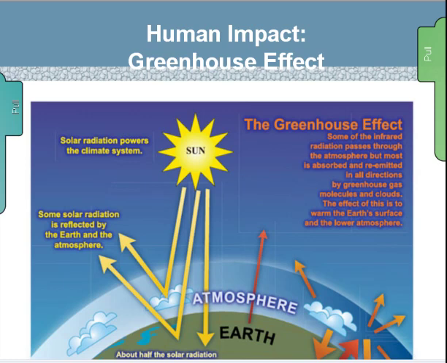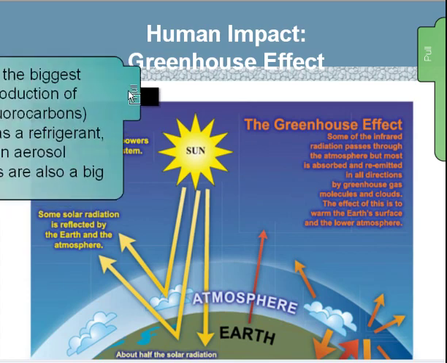Gases like carbon dioxide, methane, water vapor. The more that we get trapped inside of the Earth, the more of the radiation, the higher the temperature becomes, which has a negative impact on the environment around us.